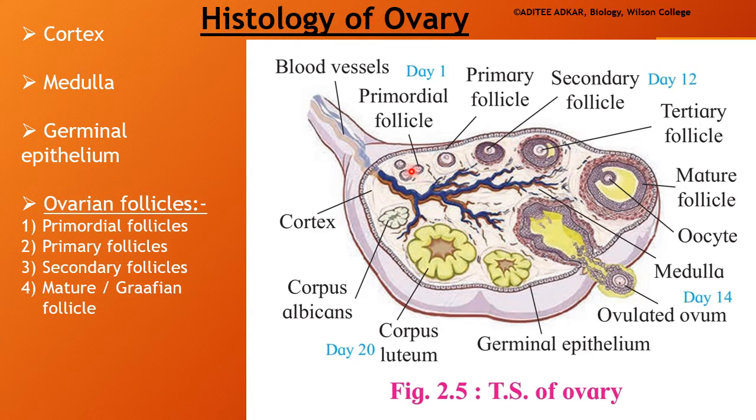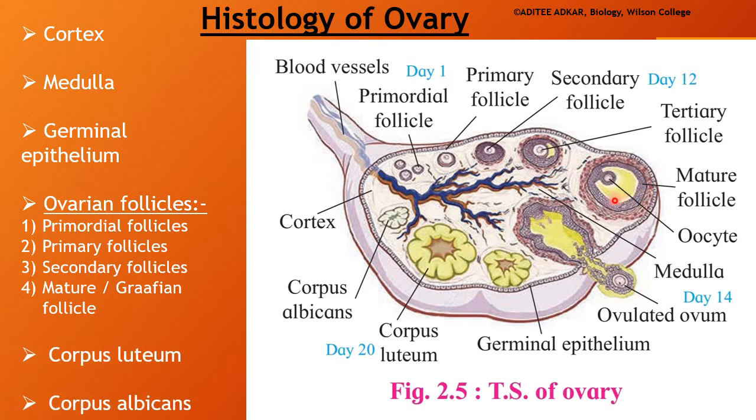Also, we see a number of follicular structures. These are the ovarian follicles. Different types of ovarian follicles are present in the cortex. They are the primordial follicles, primary follicles, secondary follicles, and the mature or the Graafian follicle.